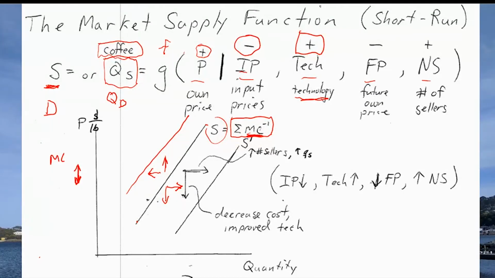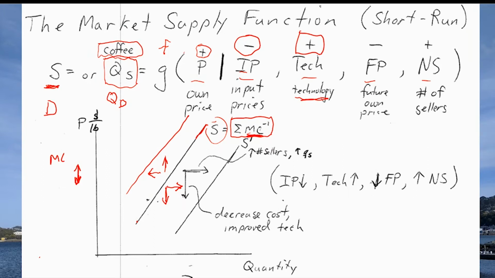So the input prices have not changed, but because your machinery is more effective, because your organizational skill is more effective, you're able to lower the resource costs necessary to produce a particular output.